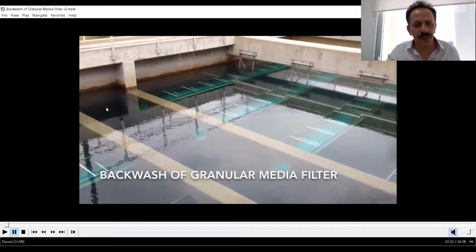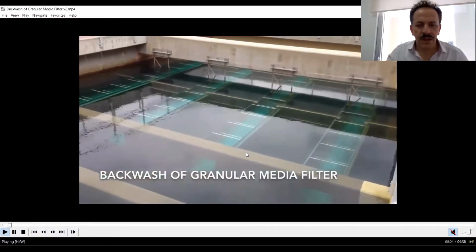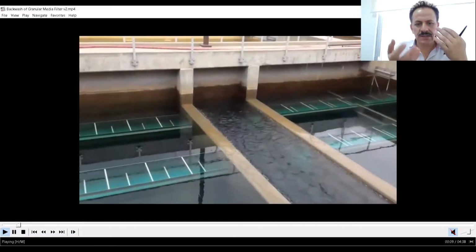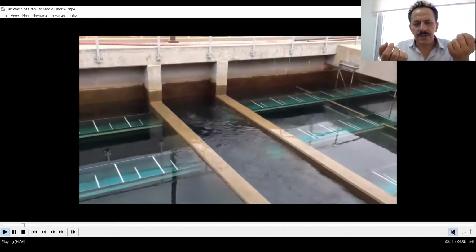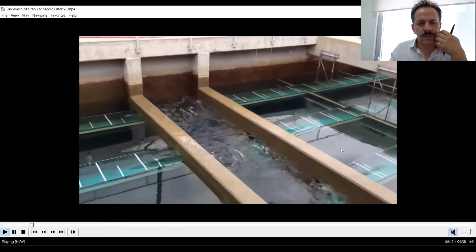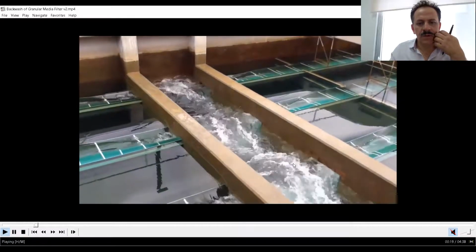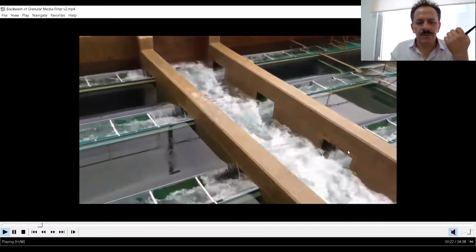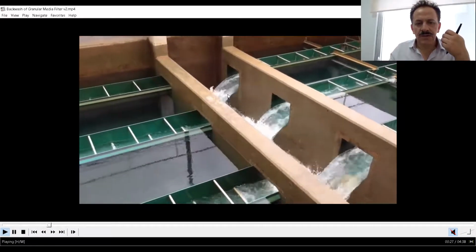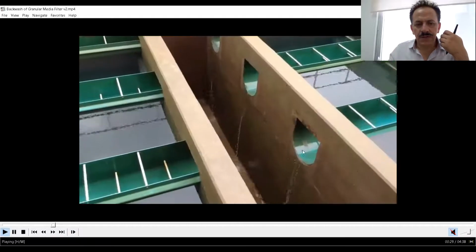So we just stop that one and let the water come from the bottom, and you can see the water is now coming up. The water comes from the back and goes inside the troughs. This is the process of cleaning the filter.